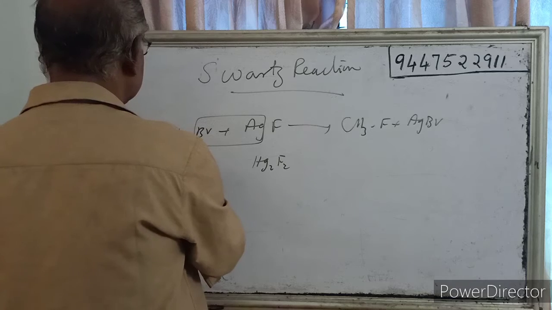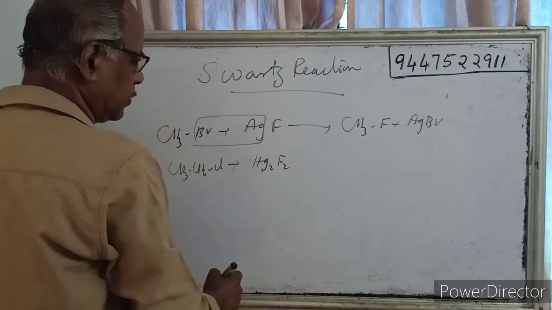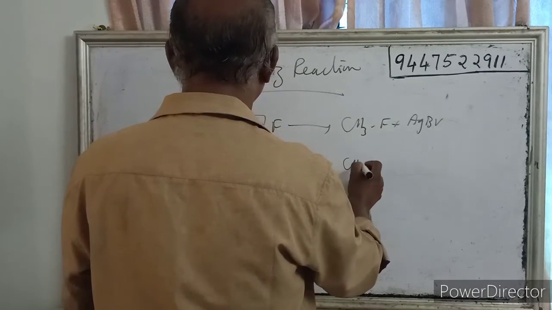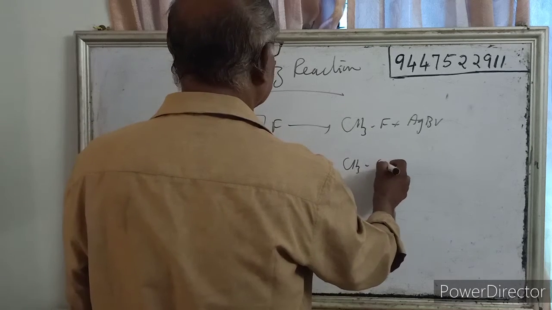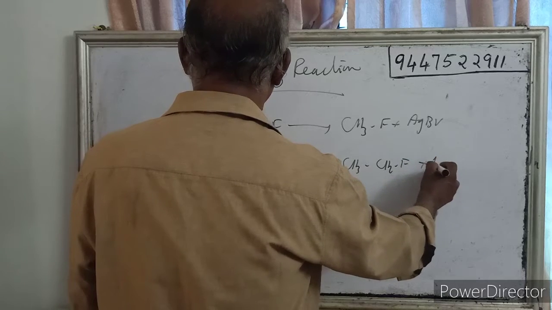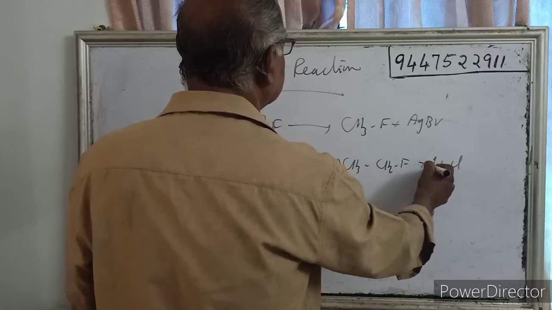For example, CH3CH2Cl when heated with mercurous fluoride, Hg2F2, gives CH3CH2F plus 2HgCl.